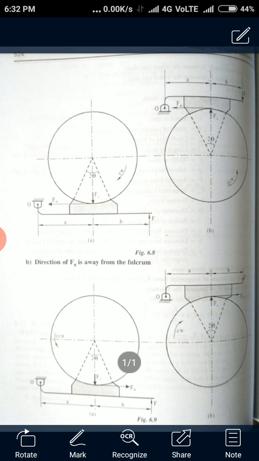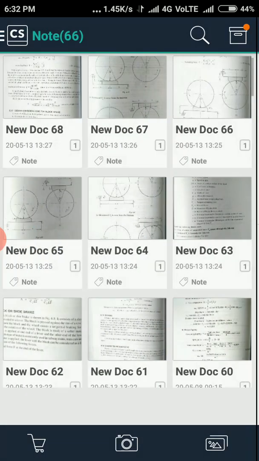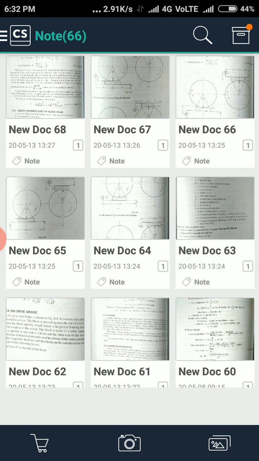And what is C? C is the distance between the fulcrum O and the tangential force F theta. Here it is not showing, it is passing through the point O, but in some cases there is a gap, a distance between the fulcrum O and the tangential force F theta. That is the term C. So these three parameters are very important when you solve the problem.